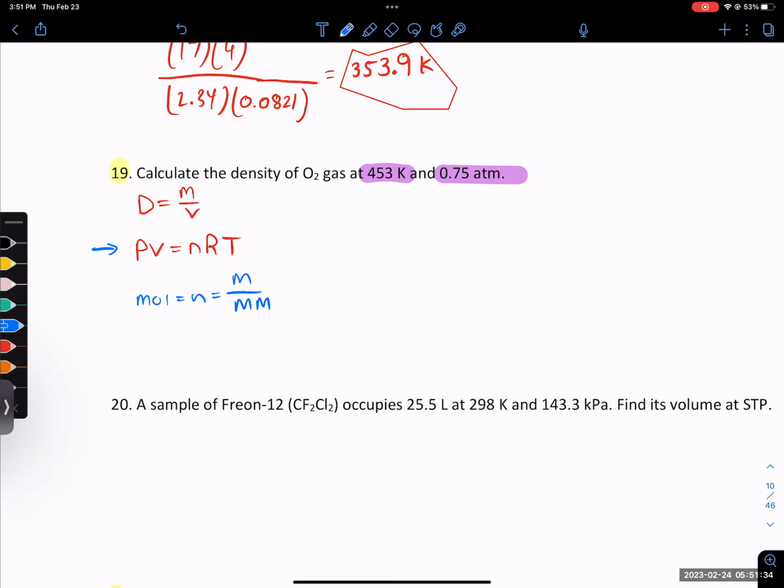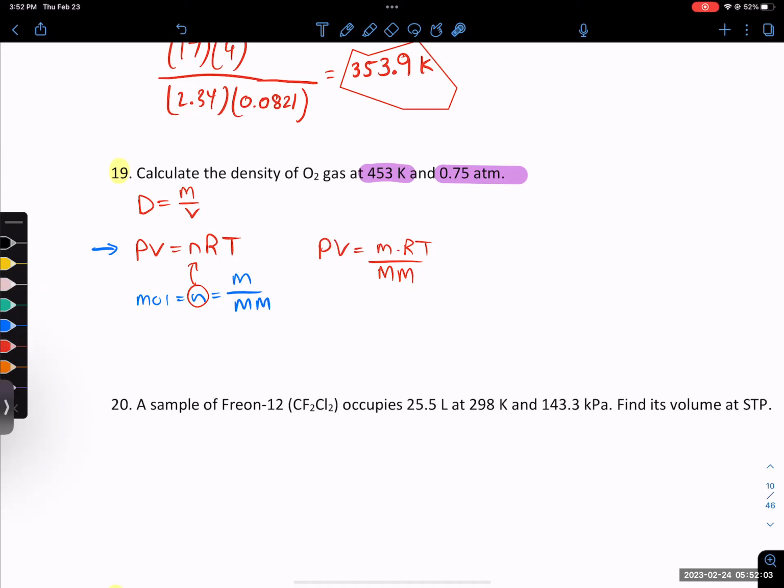Watch this. If n is equal to m over molar mass, we substitute this n into there. So PV equals the mass times RT over the molar mass. We also know that density is equal to mass divided by volume.